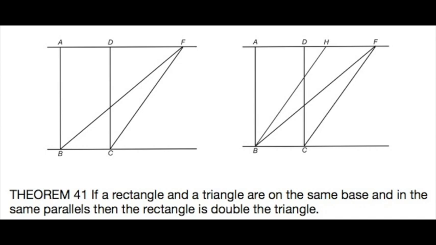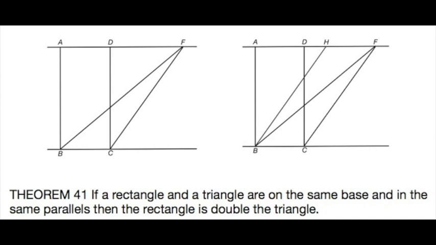Construct the segment BH equal and parallel to the segment CF so that we have a parallelogram HBCF and a rectangle ABCD on the same base and in the same parallels as in Theorem 35.